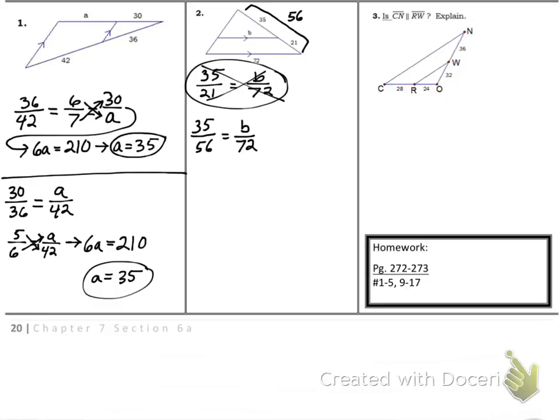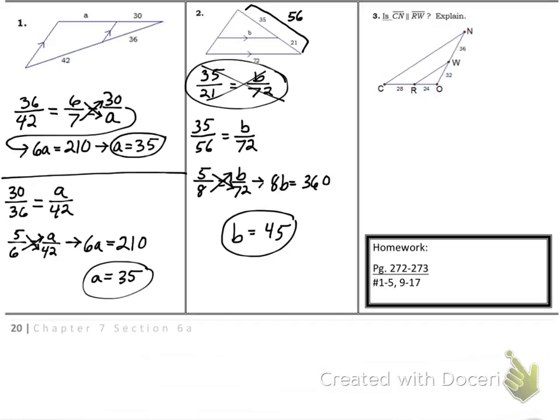So 35 over 56 simplifies down to 5 over 8. And if that equals b over 72, I do that cross multiplication, and we're going to see that 8b equals 360, and my b is just going to equal 45.